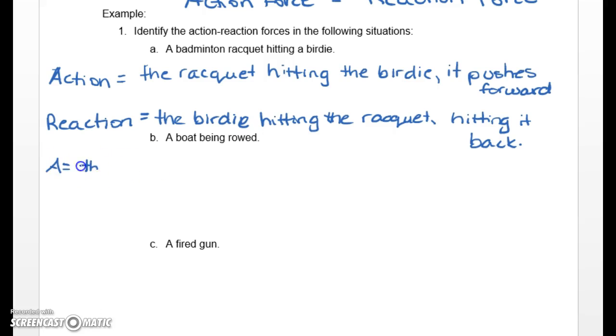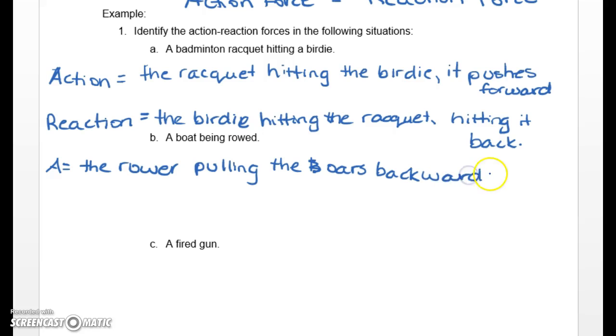So the rower, the person in the boat, is pulling the oars backwards, or pushing them forward depending on which way they're facing, and that pushes against the water.